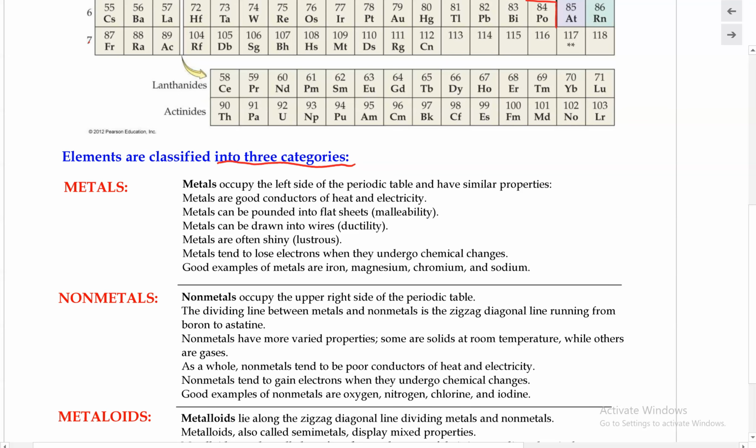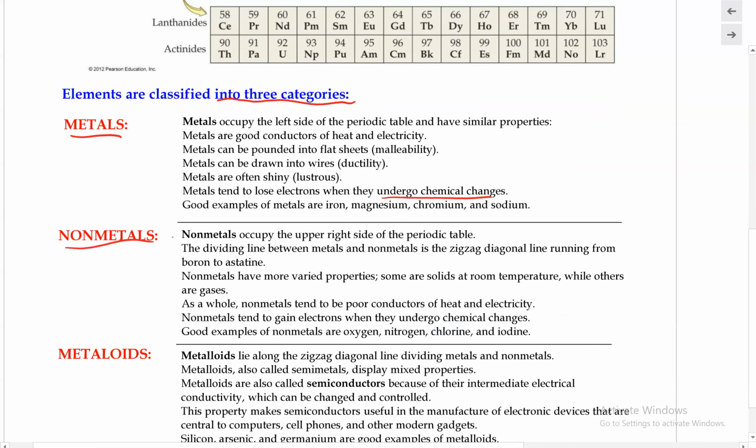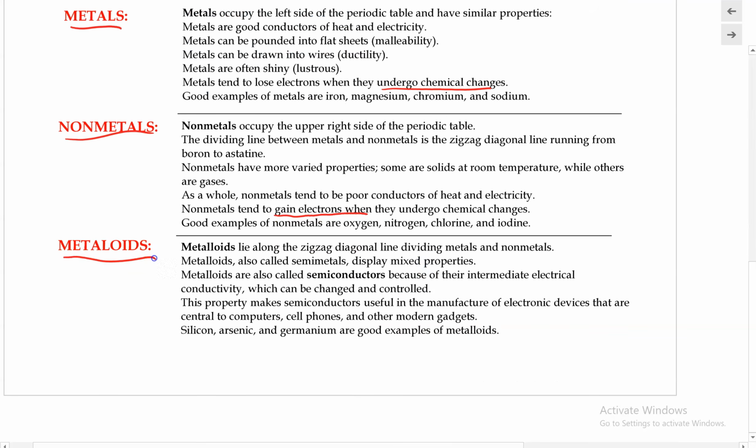Basically, what does the element want to do with regard to electrons? For the most part, if an element likes to give up electrons in a chemical reaction, then that element would be classified as a metal. So metals are elements that like to give up electrons in chemical reactions. Non-metals are the opposite of metals: elements that like to gain electrons in chemical reactions. And metalloids are elements that can do both.